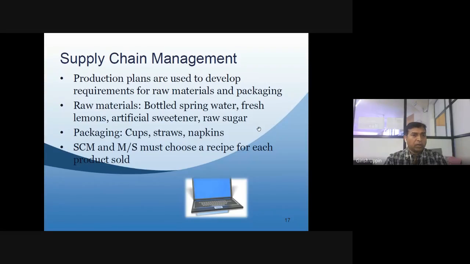Bottled spring water, fresh lemons, artificial sweetener, raw sugar, and in the packaging, cups, straws, napkins. The SCM and marketing must choose a recipe for each product sold. So supply chain management will actually manufacture that, and they have to choose the proper recipe to make it.